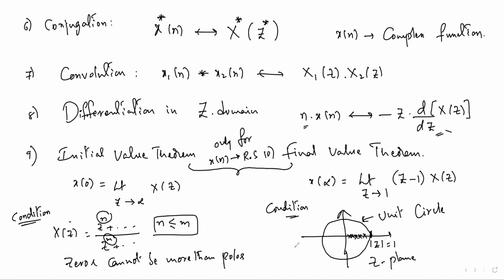All poles of x of z should be within the unit circle. Or you can take the z minus 1 times x of z expression. All poles of this expression should lie within the unit circle in the z plane.